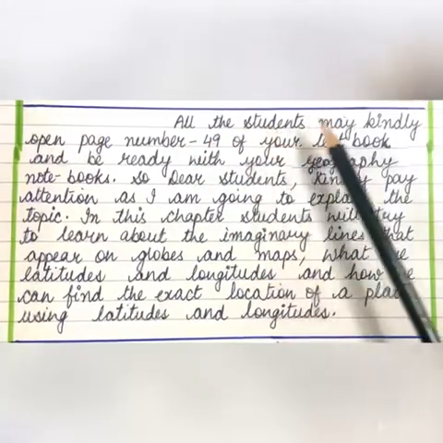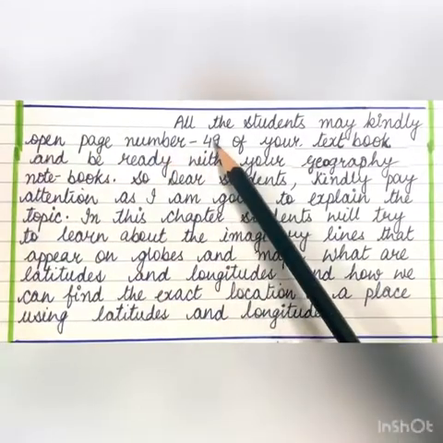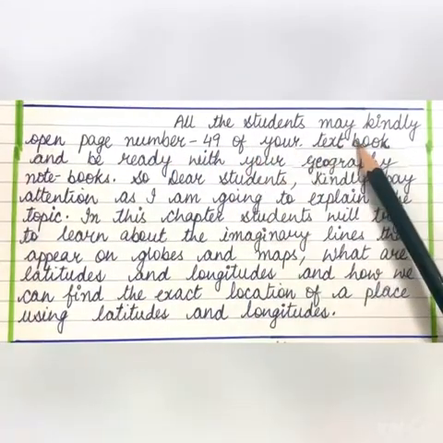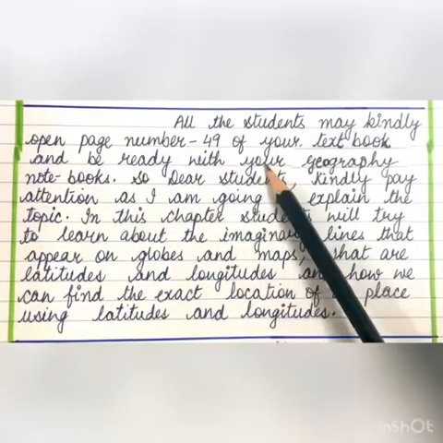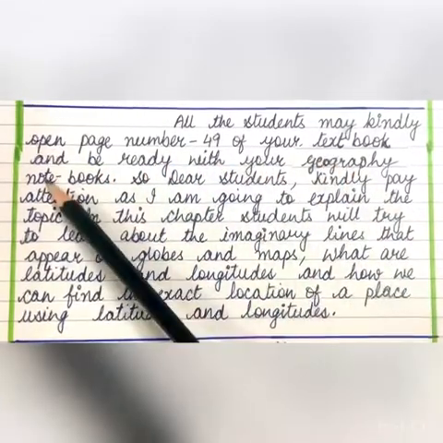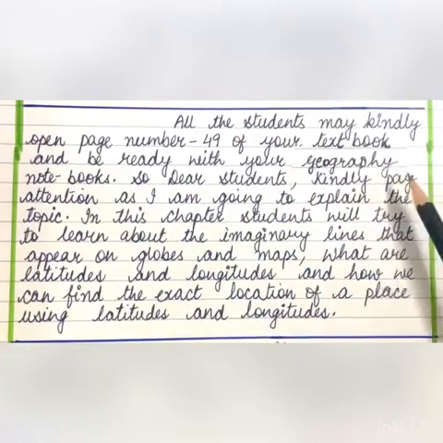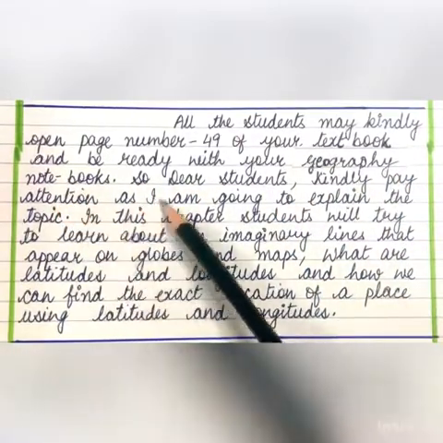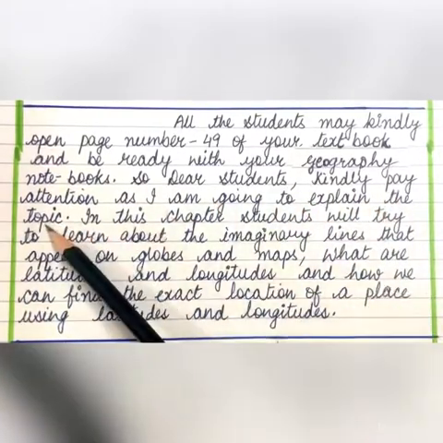All the students may kindly open page number 49 of your textbook and be ready with your geography notebooks. So, dear students, kindly pay attention as I am going to explain the topic.